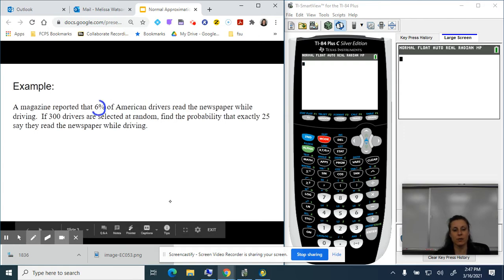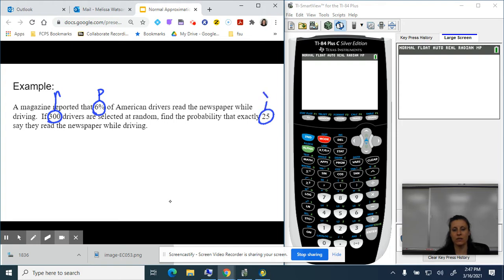So this 6% would be the probability of success, or p. We're selecting 300 drivers, so that's n. And we want to find the probability that exactly 25 of them read the newspaper while driving. That would be x.